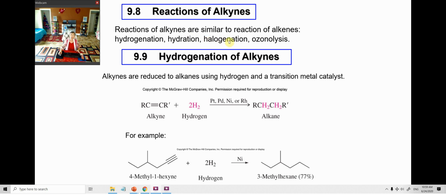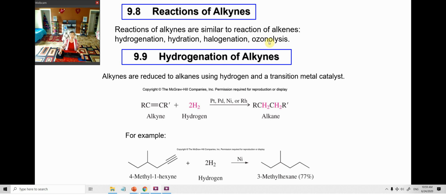The other reaction is called halogenation reaction. You add in halogens, and you can control the amount of halogens. You can produce dihalogens, and you can also produce tetrahalogens from your alkynes. The other reaction is ozonolysis.